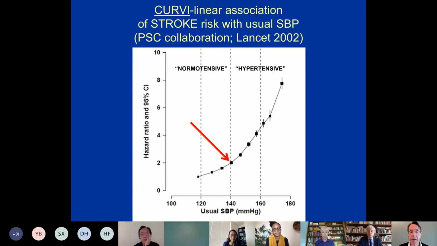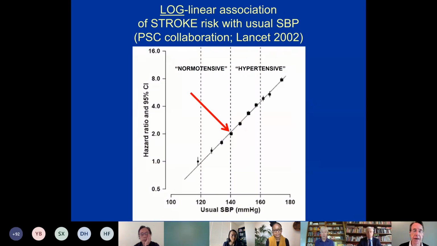I think probably as a consequence of the last year, there is almost nobody in the world who's not now familiar with the concept of log scales, perhaps other than those who write guidelines about blood pressure. But if you do plot this on a log scale, that curvilinear association becomes a straight line. So we see here the same data plotted with a doubling or log scale on the left.